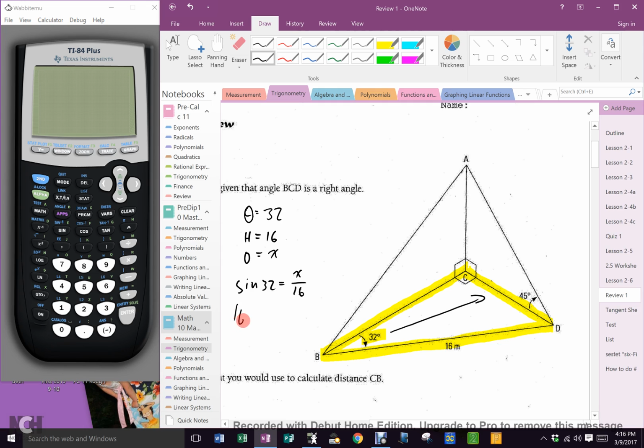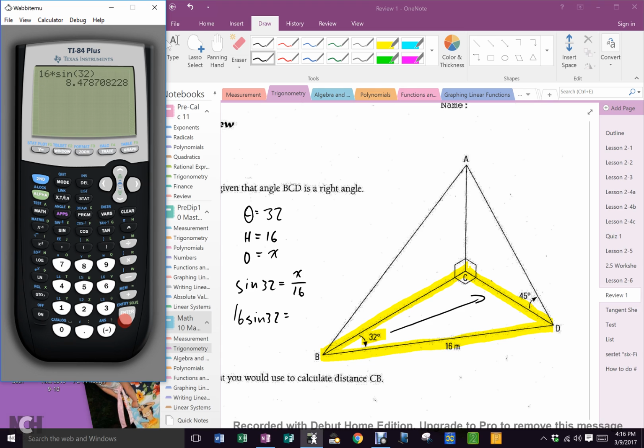Number on the bottom, 16 times sine 32 equals. Go to my calculator, 16 times sine 32, and I get 8.48.